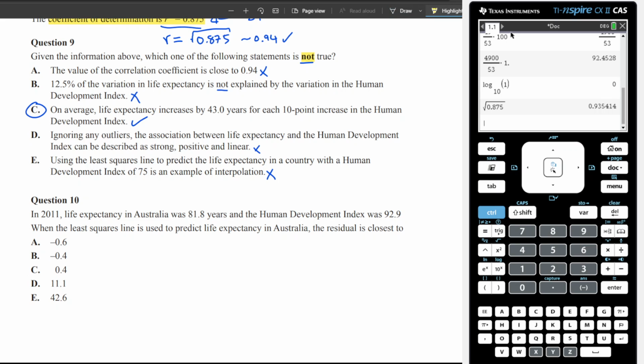So, question 10. In 2011, life expectancy in Australia was 81.8 years, and the Human Development Index was 92.9. When the least squares line is used to predict the life expectancy in Australia, the residual is closest to.